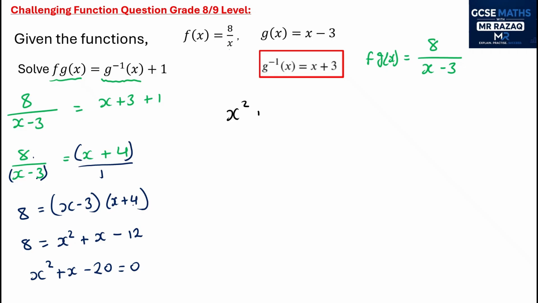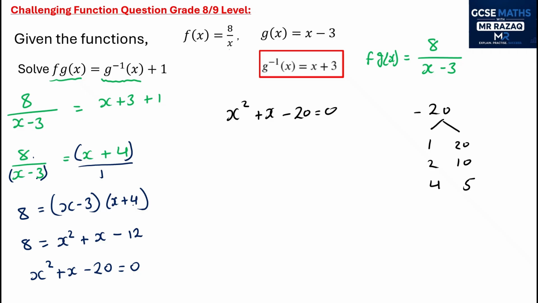Now, I have to solve this equation. x squared plus x minus 20 equals 0. So let's write down all the factors of 20. So that's 1 and 20, 2 and 10, 4 and 5, and that's it. Which two numbers, if I add or subtract them, will give me plus 1?